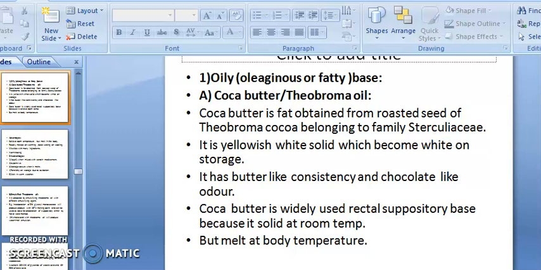Cocoa butter is widely used as a rectal suppository base because it is solid at room temperature, that is about 27 degrees Celsius, but it melts at body temperature, 37 degrees Celsius.